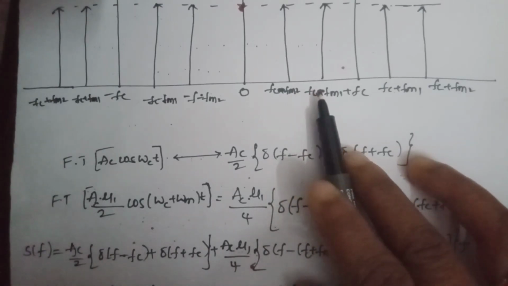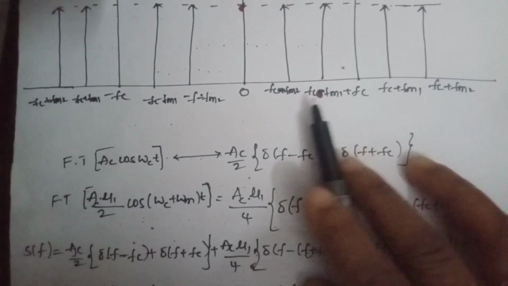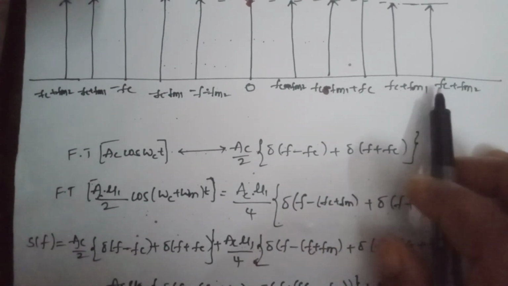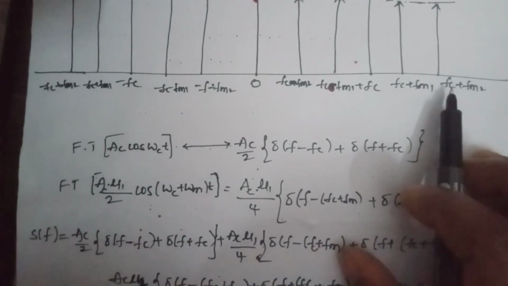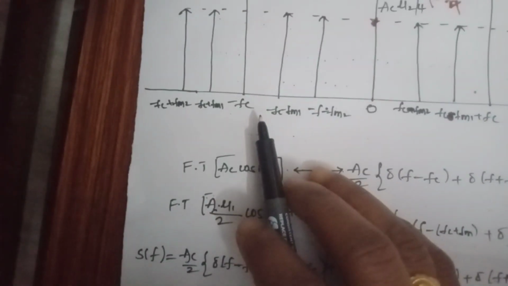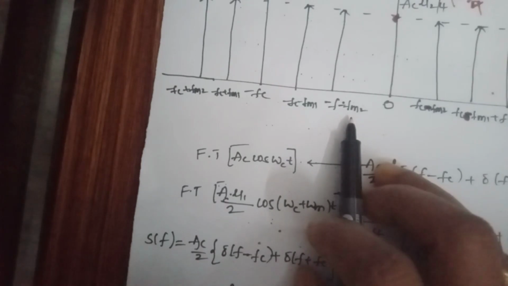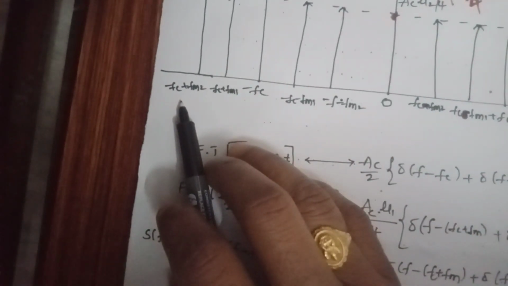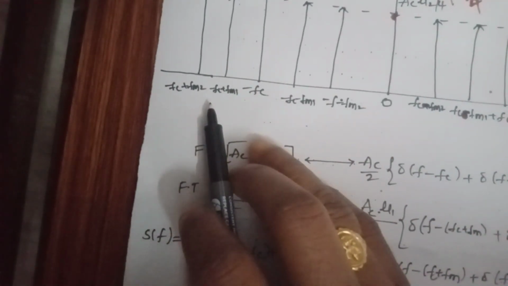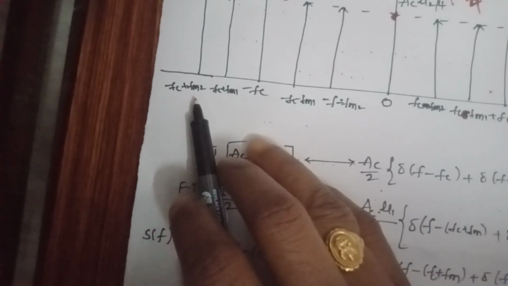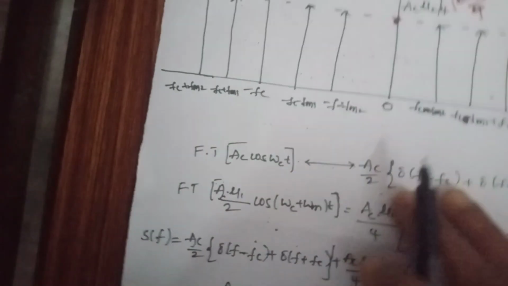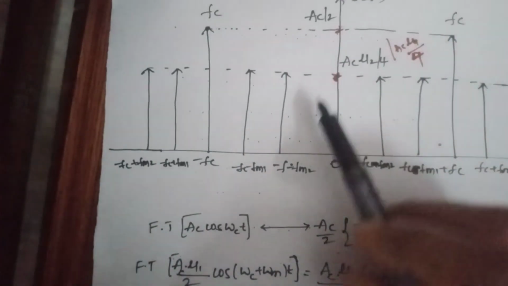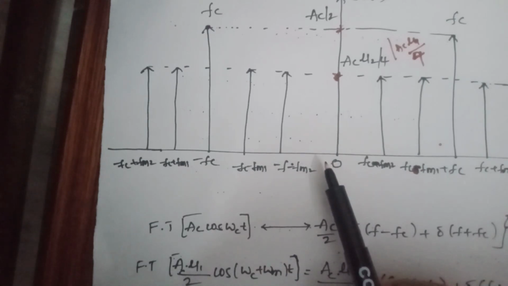Because here you see fm1 is less than fm2, so that's why we take fm1 first and secondly we take fm2. Yes, right. Next, for the left side also we have minus fc minus fm2 and minus fc plus fm2. So this is the frequency spectrum of our s of f for the multitone modulation.